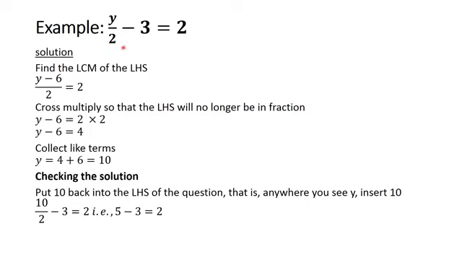This is y over 2 subtracted by 3 over 1 equal to 2. So what you need to do to get them together, because it seems separated, so you find the LCM of these very 2, and the LCM of 2 here is still 2.